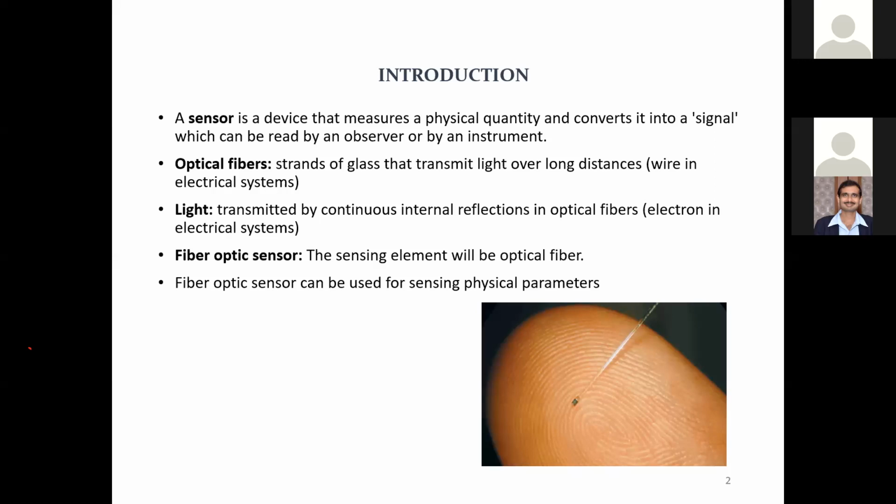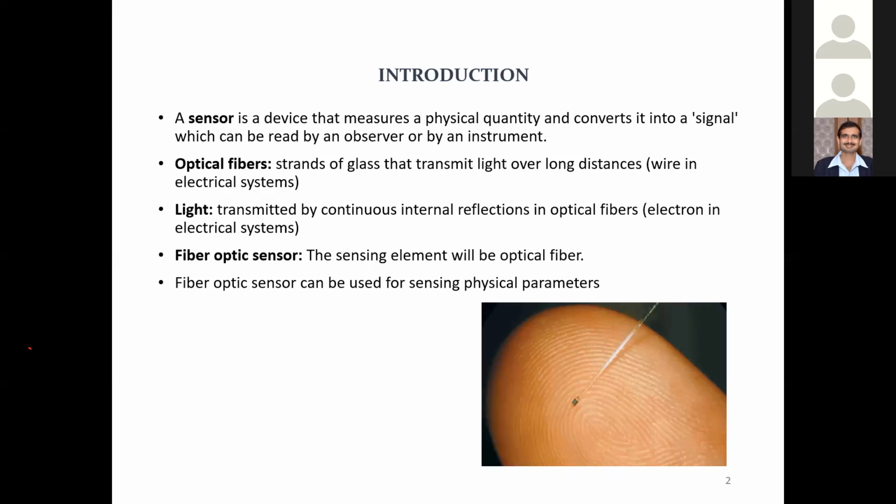What is the optical fiber? You know that optical fiber is a strand of glass. Whatever glass we use in lenses, mirrors, or any optical instrument, the same glass, we make into wire form. We melt glass at very high temperature and draw the wire from that, and that is called the optical fiber.